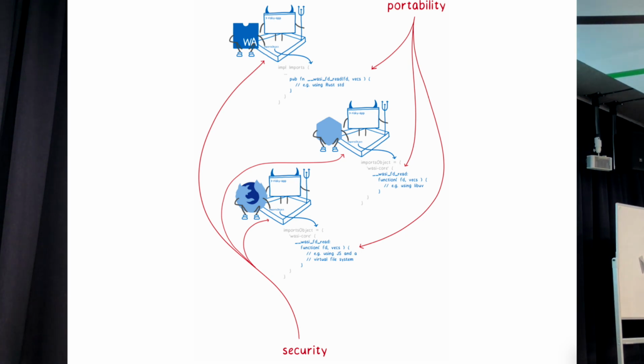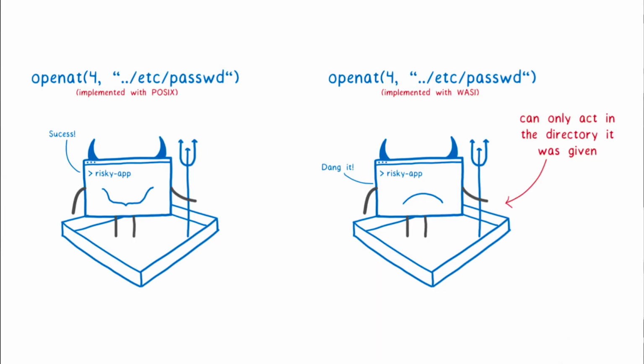With WASI, if you're calling a function that needs to access a file, you have to pass in a file descriptor, which has permissions attached to it. So that could be for the file itself or for the directory that is containing that file. And this means that you can't have code that's randomly asking for access to open /etc/passwd. Instead, the code can only operate on the directories that are passed into it.